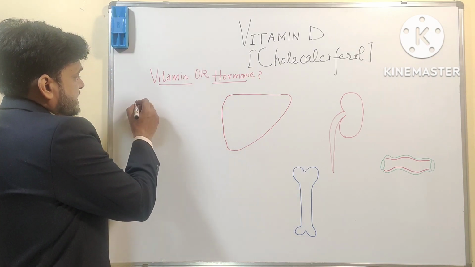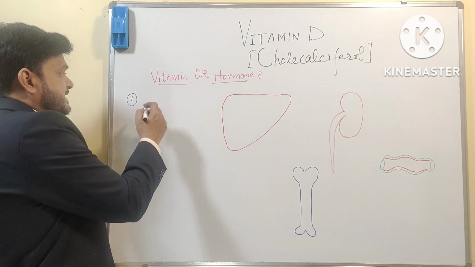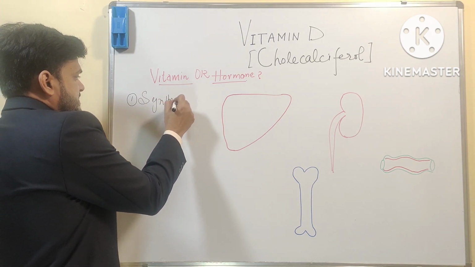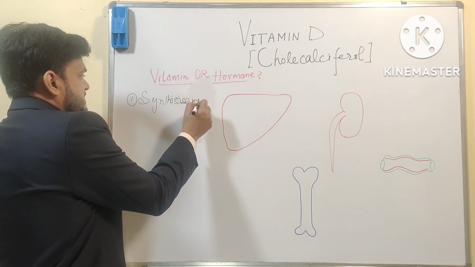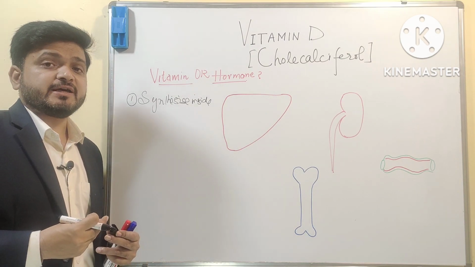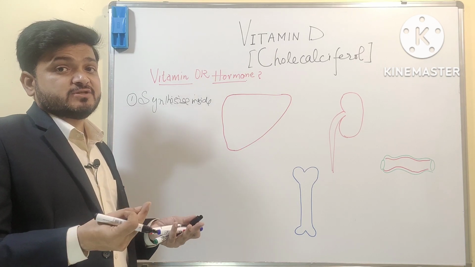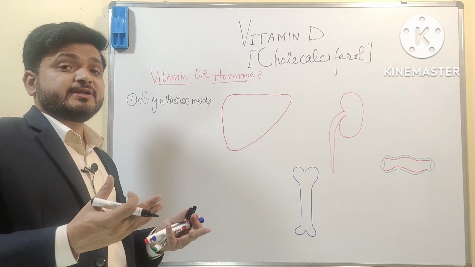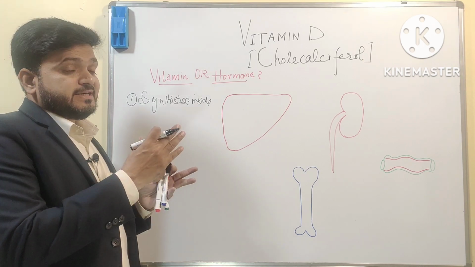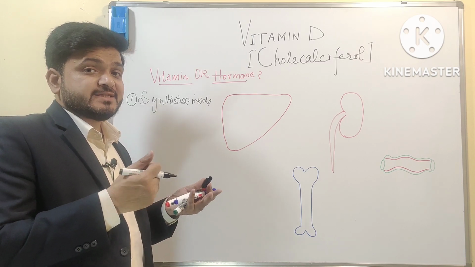तो उसके लिए one of the first similarities is that it can be synthesized inside the body. So जैसे कि हमें मालूम है कि जो हॉर्मोन्स होते हैं हमारी बॉडी के अंदर, वो बॉडी के अंदर ही सिंथेसाइज हो सकते हैं। ऑन द अदर हैंड अगर हम विटामिन की कोई भी डेफिनेशन देखते हैं तो उसमें हम ये देखेंगे कि these are all essential molecules or nutrients which cannot be synthesized in our body.